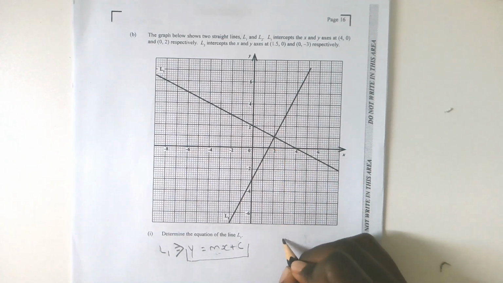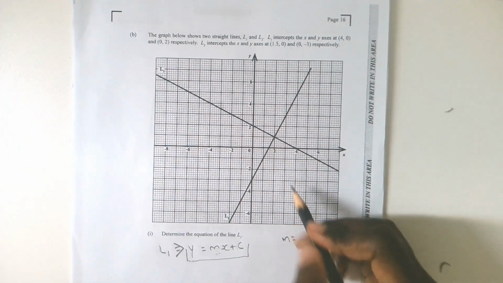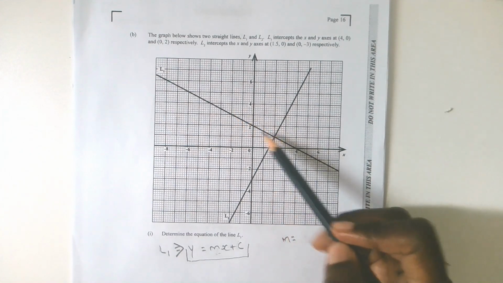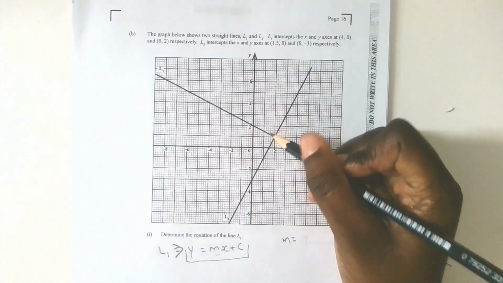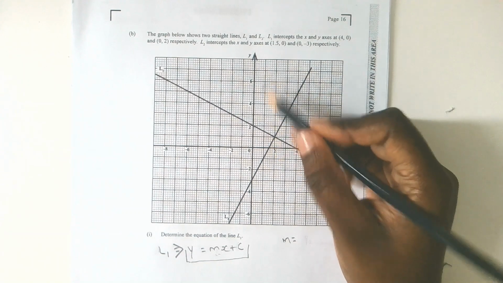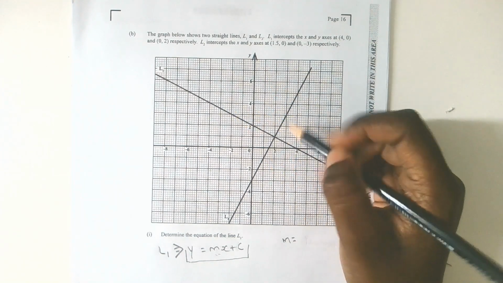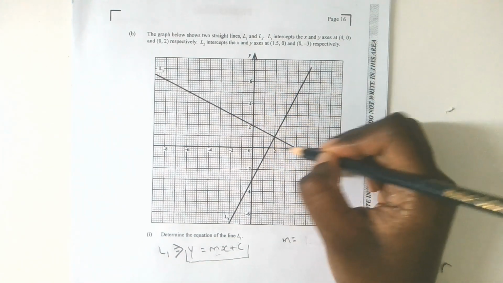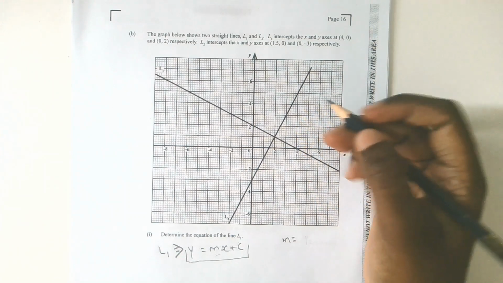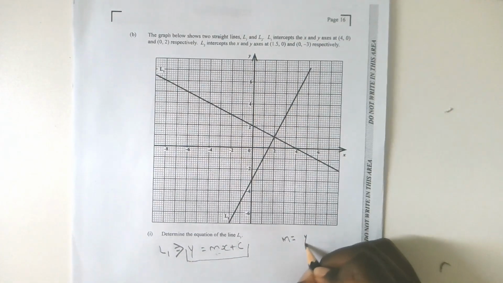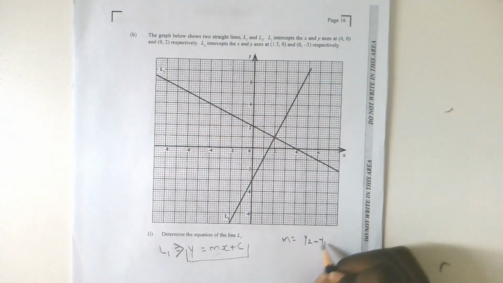The gradient of a line is equal to our y values, so that's our rise, divided by our x values. So that's y2 minus y1 divided by x2 minus x1.